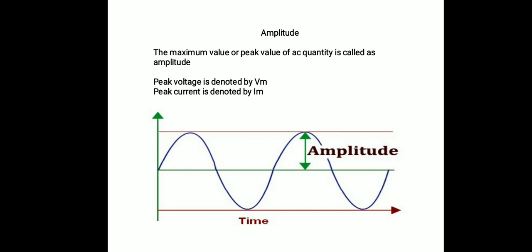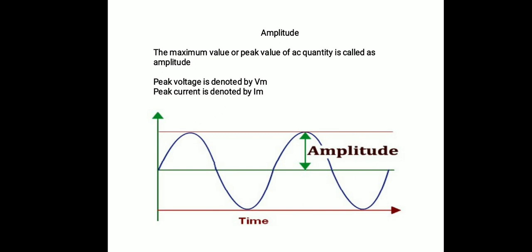So the maximum value or peak value of an AC quantity is called the amplitude. And how to measure the amplitude? Measure between its reference axis and the peak node. That measurement gives us the amplitude. Peak voltage is denoted by Vm, and peak current is denoted by Im. If it is the waveform of voltage, then peak voltage is represented by Vm, and if it is the waveform of current, then the notation for peak current is Im.